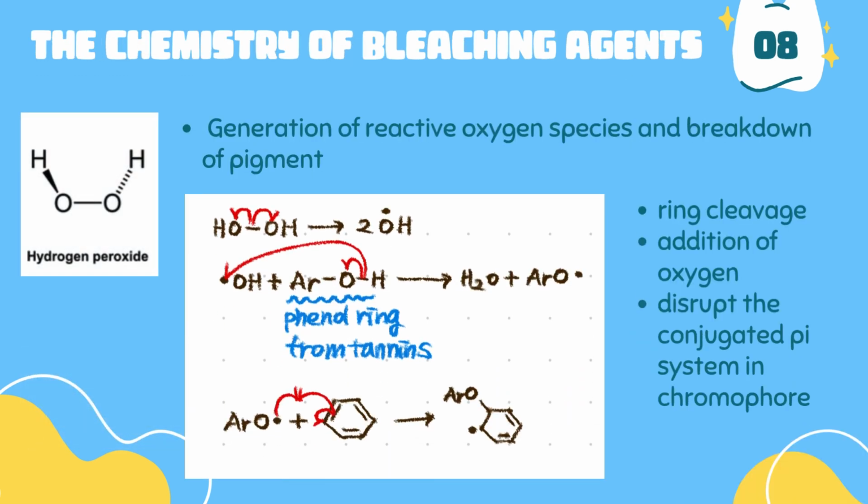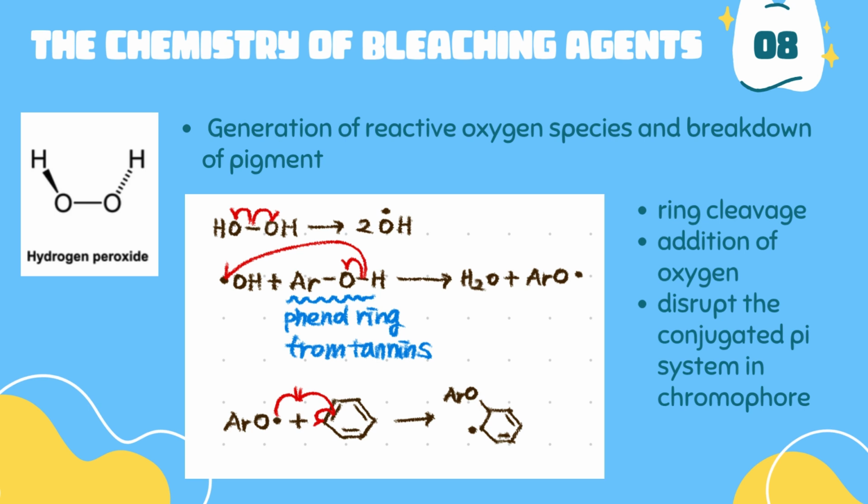Most dental bleaching products contain either hydrogen peroxide or carbamide peroxide. This slide explains the mechanism of hydrogen peroxide bleaching. In the mouth, hydrogen peroxide decomposes to produce reactive oxygen species like the hydroxyl radical. These radicals are highly reactive.